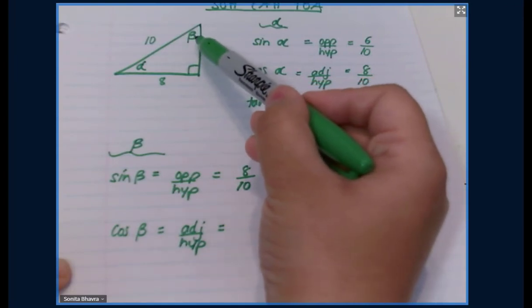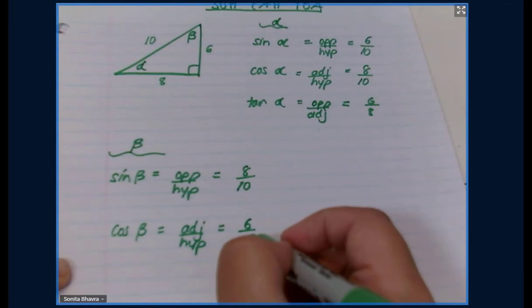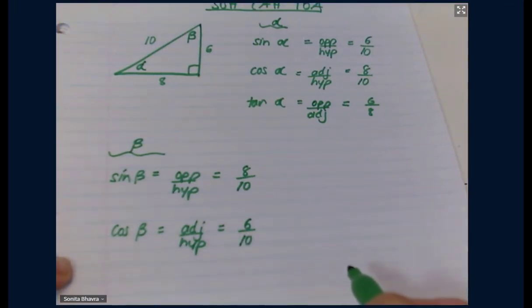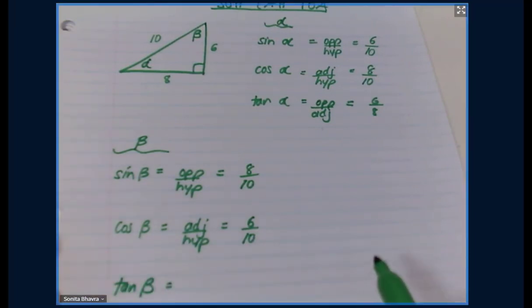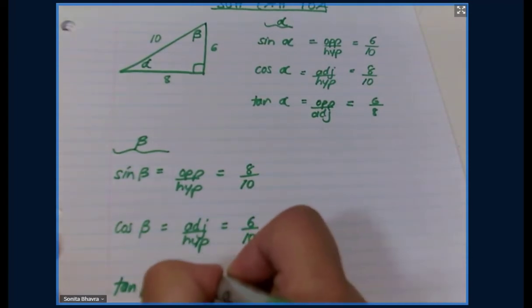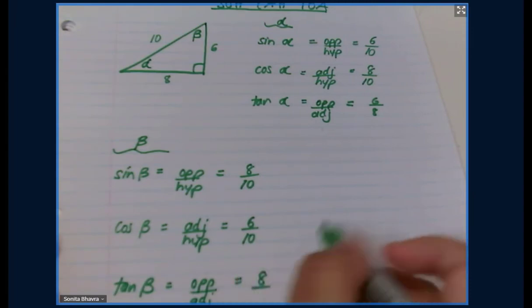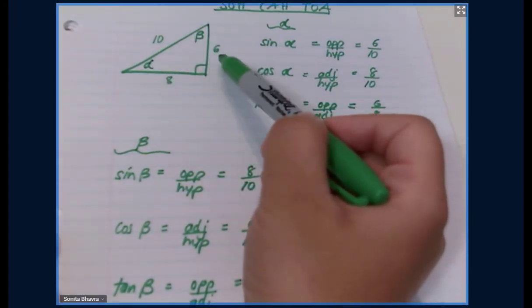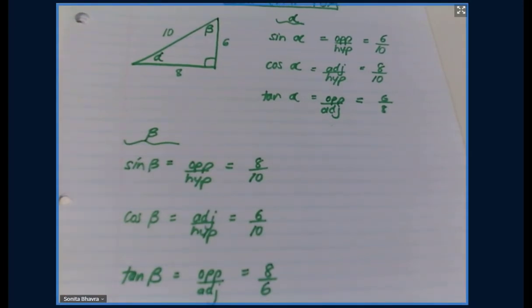Beta is here. Adjacent to it is side 6, and the hypotenuse is still 10. And lastly is tan beta, which is opposite over adjacent. Opposite is 8, and adjacent is 6. All right, so those are the trig ratios for angle beta.